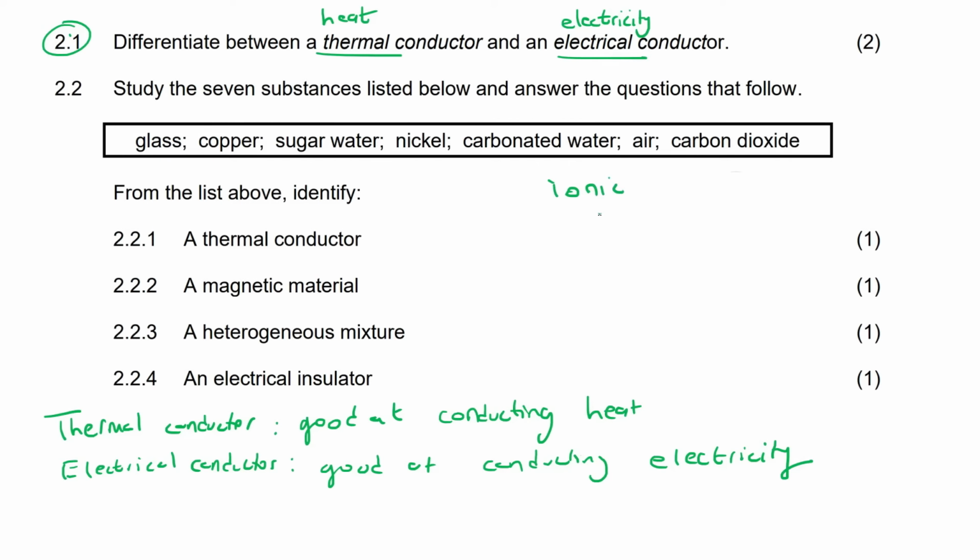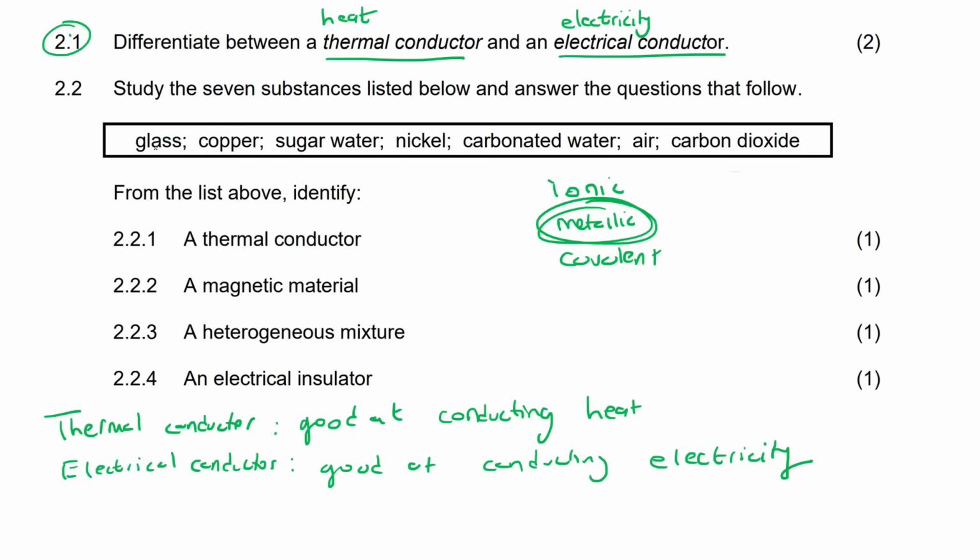We've got ionic substances, metallic, and covalent. Now, metals are very good at being thermal and electrical conductors. We've looked at this before. Metals are really good at that. So it'll definitely be the one that is a metal.